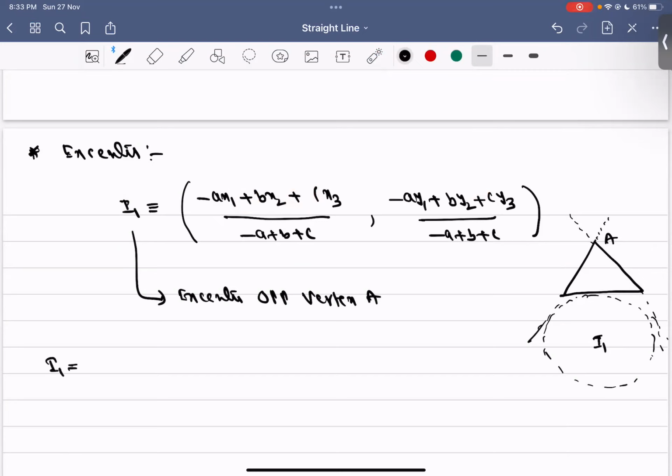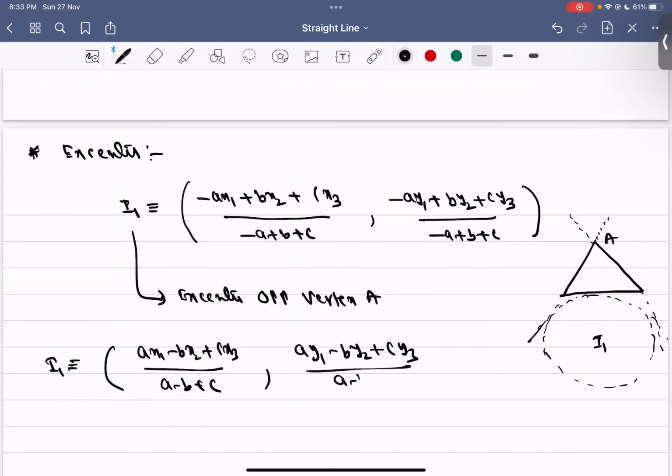So I2 is similarly (a x1 minus b x2 plus c x3) by (a minus b plus c), comma, (a y1 minus b y2 plus c y3) by (a minus b plus c).